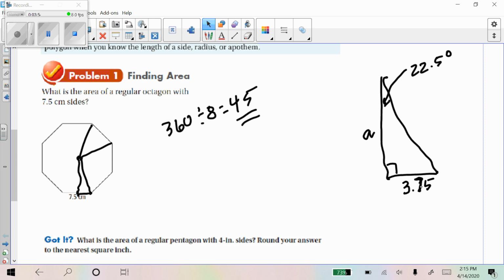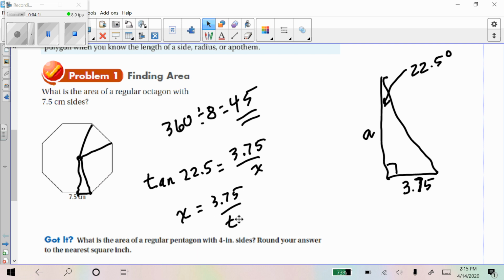Again, with respect to that angle, I have the opposite and the adjacent. So we're going to say that the tangent of 22.5 is equal to 3.75 over x. And so to find x, I would do 3.75 divided by the tangent of 22.5.